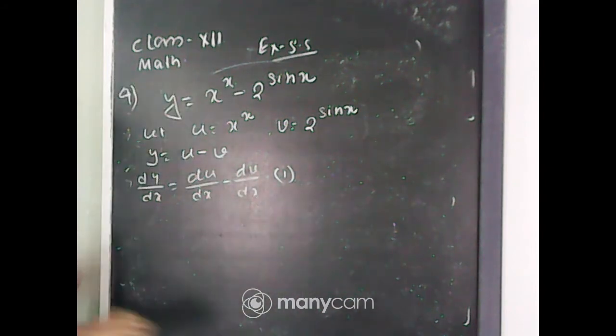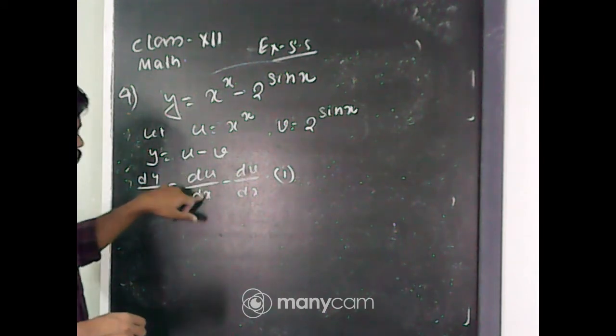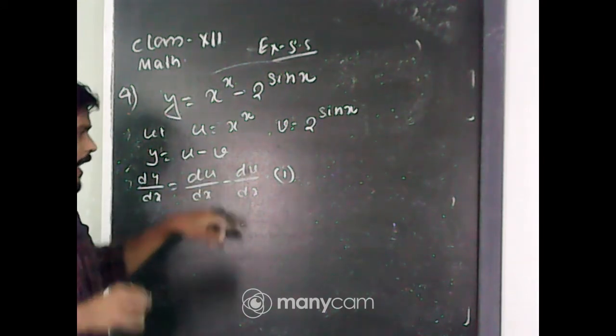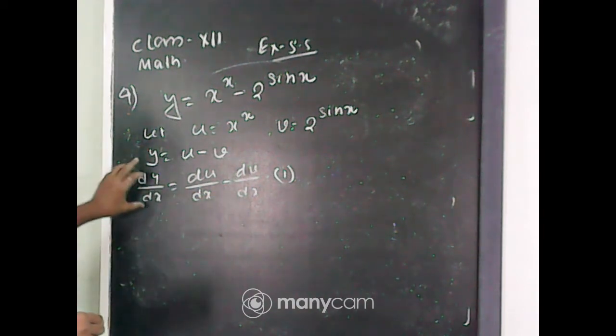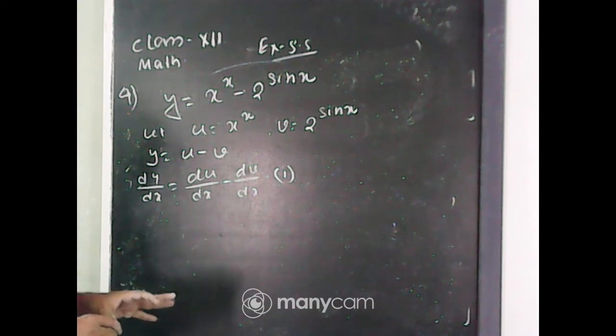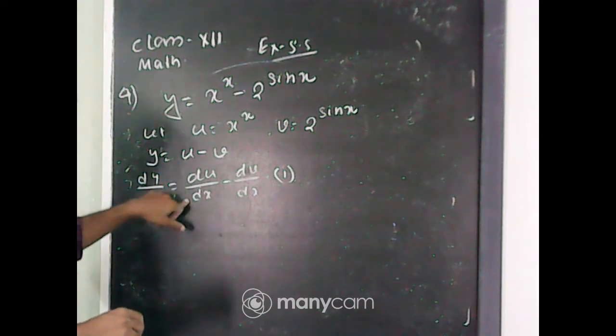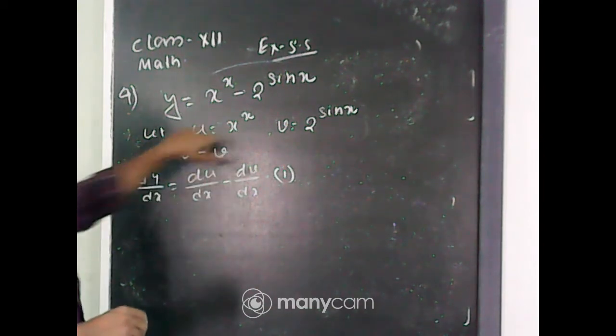This is our equation number 1. Now, if we can calculate du dx and dv dx, and put them in equation number 1, we have the value of dy dx. So, our task is to calculate the values of du dx and dv dx.